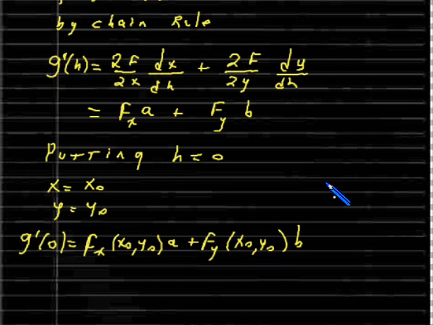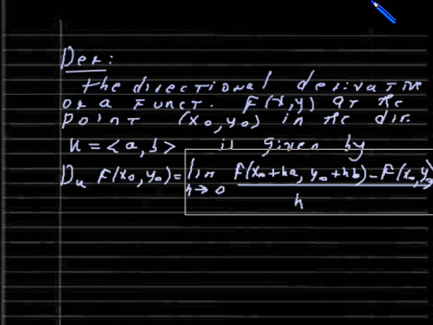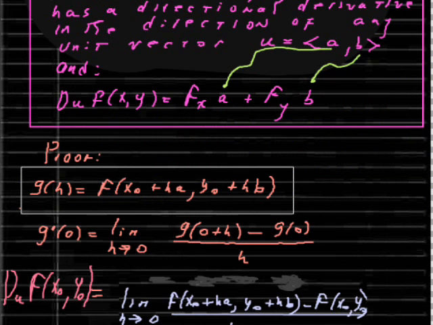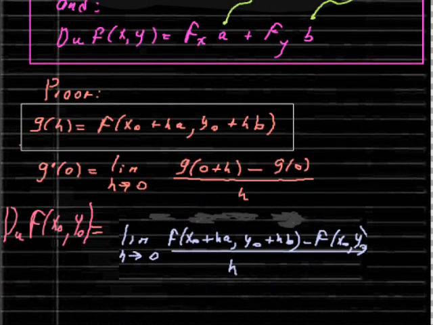And of course, we know from one of the prior pages that the directional derivative of f evaluated at x naught, y naught in the direction of u is nothing but g prime of 0.